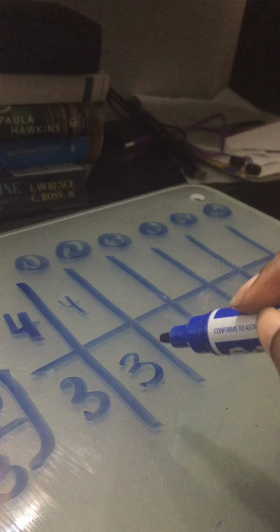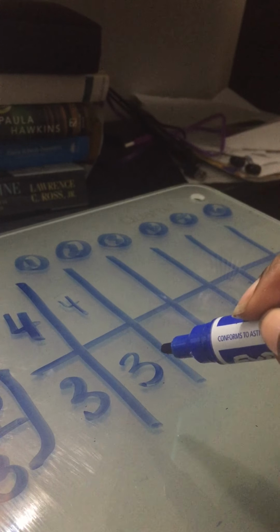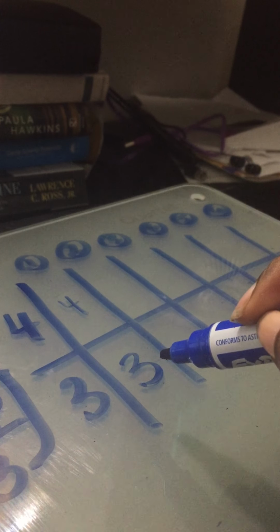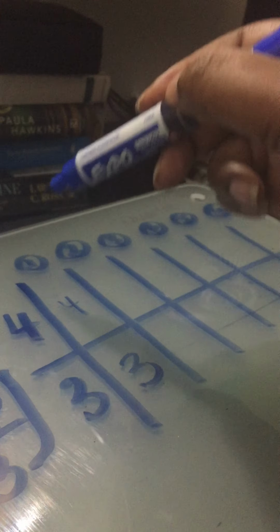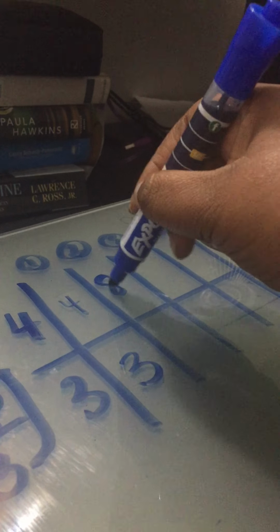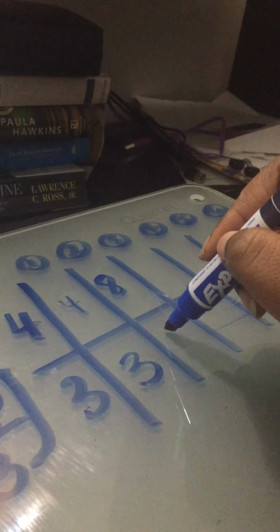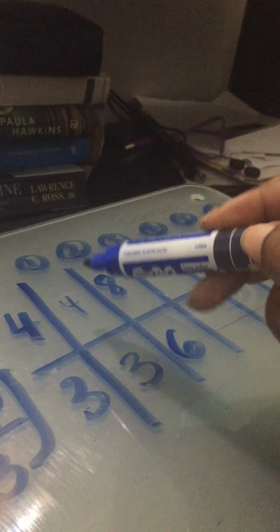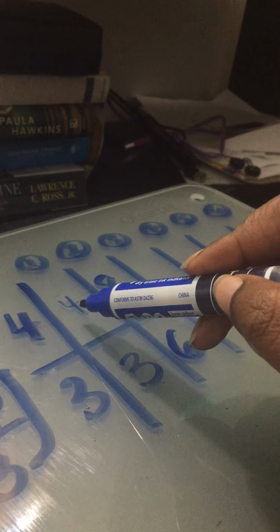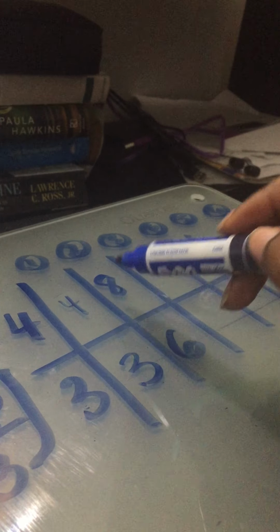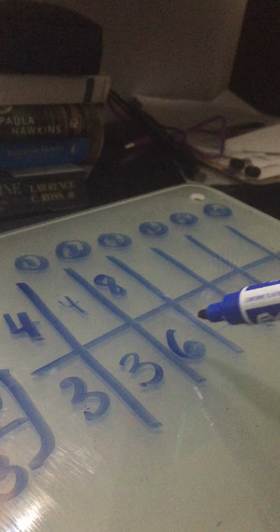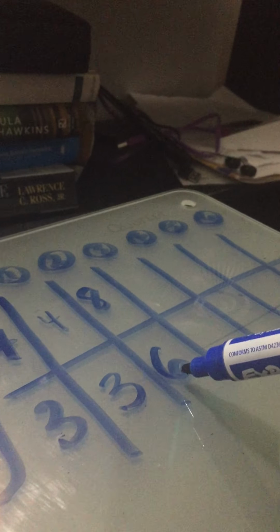This is my second time going in and getting 4 sets of movies. So 4 times 2 is 8. 3 times 2 is 6. So this is my first set of 4. This is my second set of 4. This is my first set of 3. This is my second set of 3.